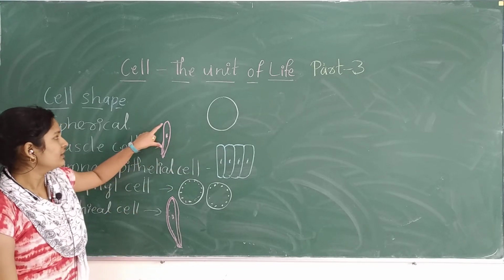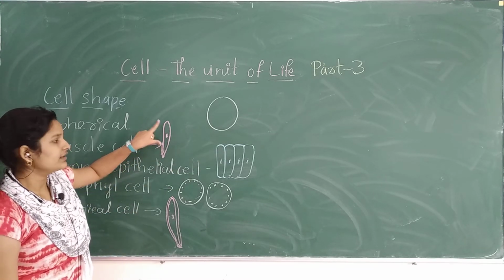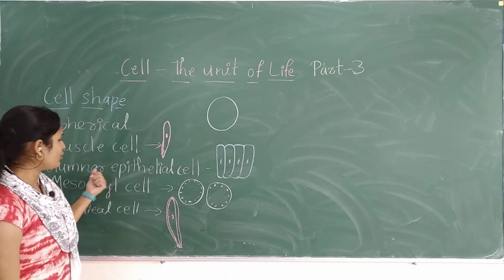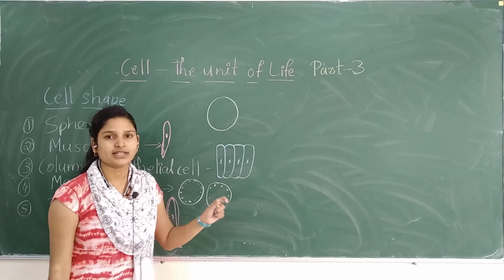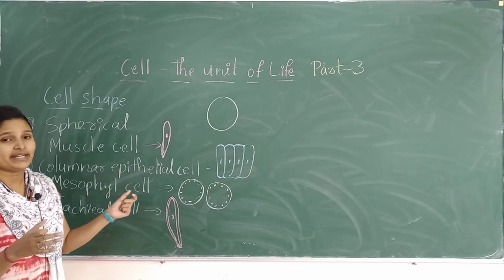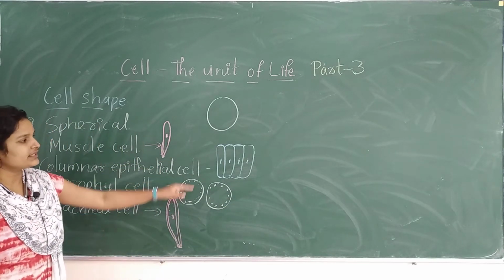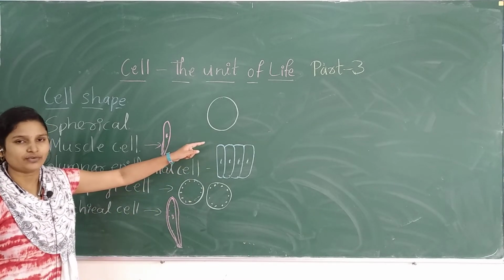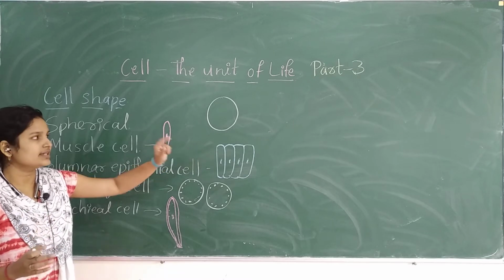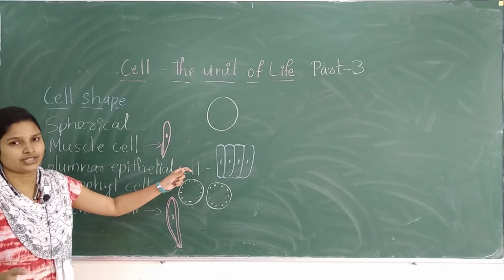So if a muscle cell is elongated, there is a reason, and the columnar cell having these kinds of columns helps in the maintenance of the structure, and these kinds of cells have their own function. Based on their function, the cells have got their structure.